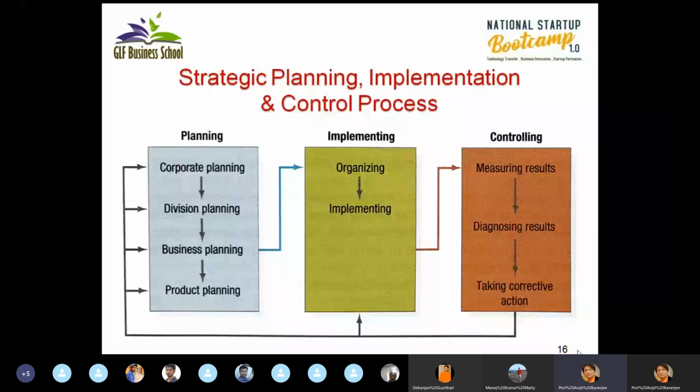To ensure they select and execute the right activities, all the entrepreneurs must give priority to strategic planning in three key areas. One, managing a company's business as an investment portfolio.